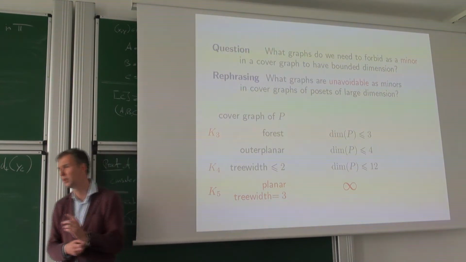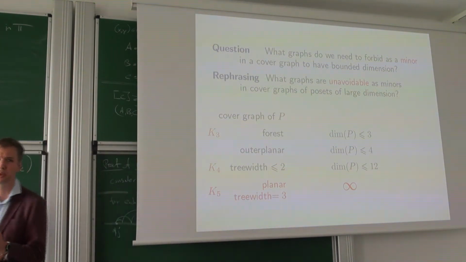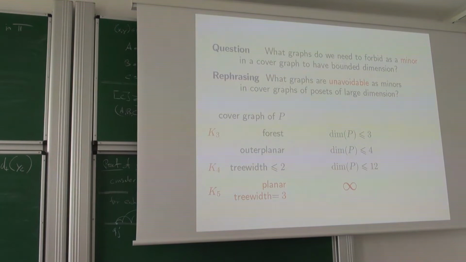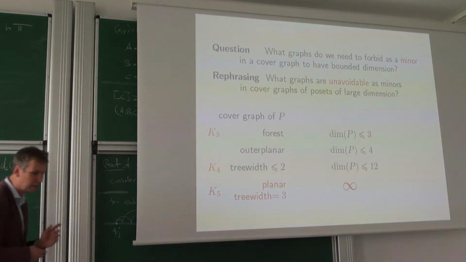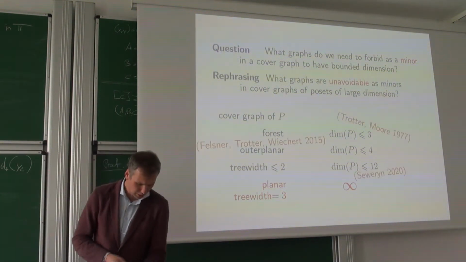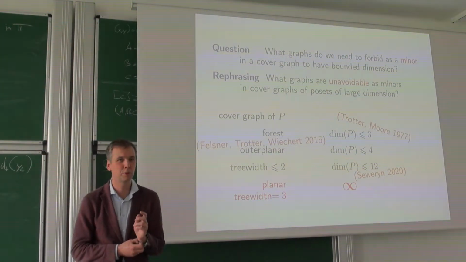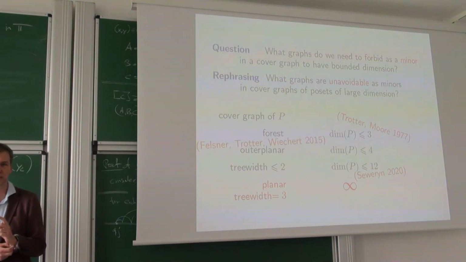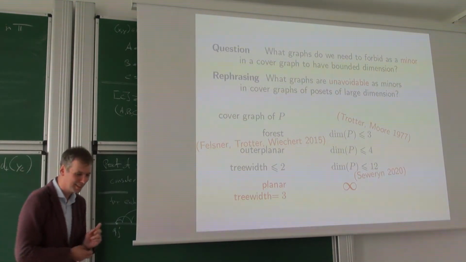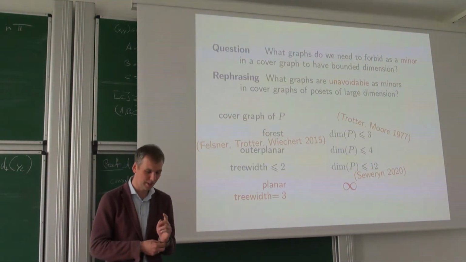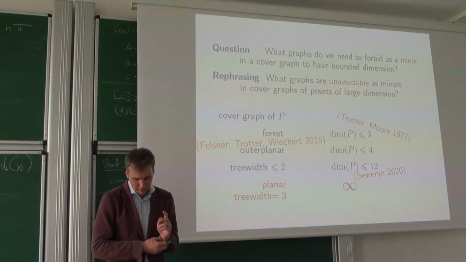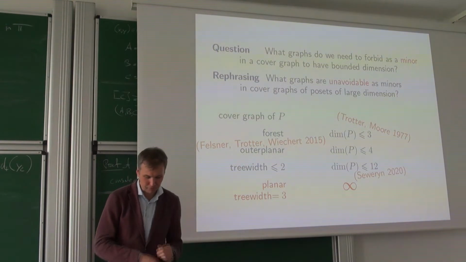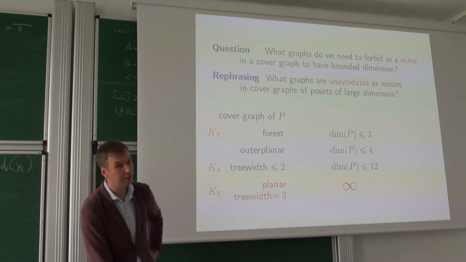K4-minor-free graphs coincide with treewidth at most 2, and Michał gave a really nice slick proof that the dimension there is bounded by 12. We knew that it's bounded before, but it wasn't slick, and the constant was way above the limit. So K4 is also forced. K5 is not forced.